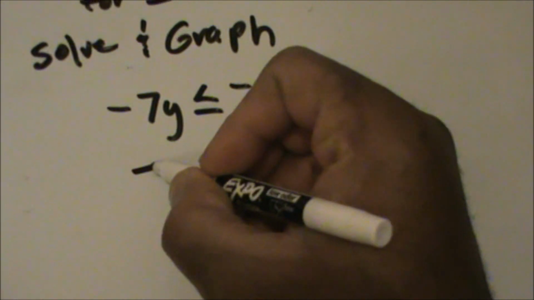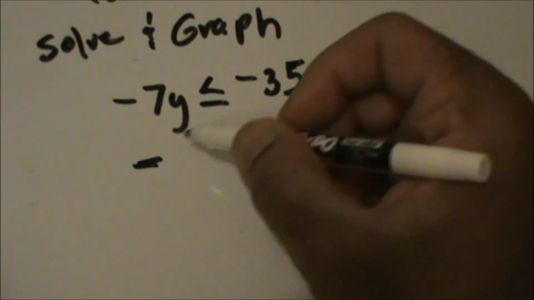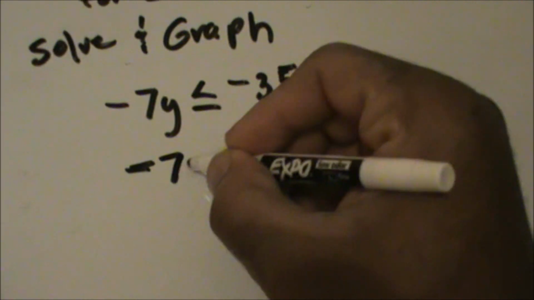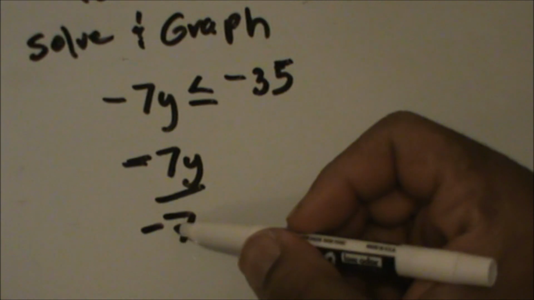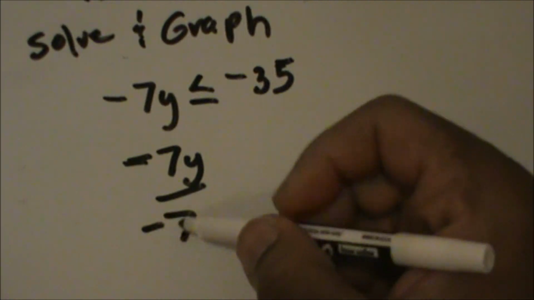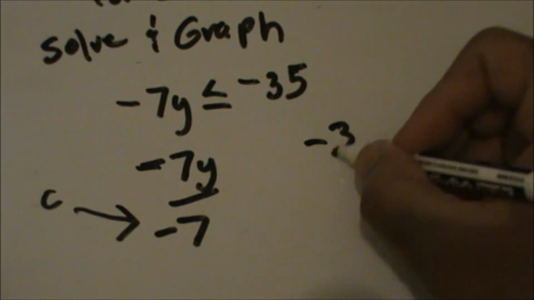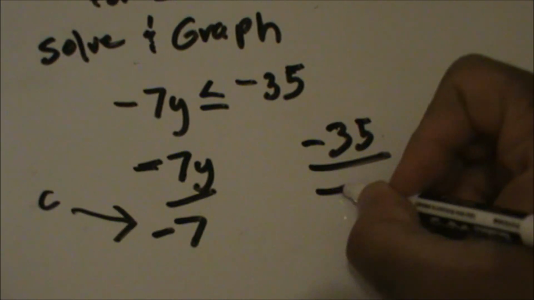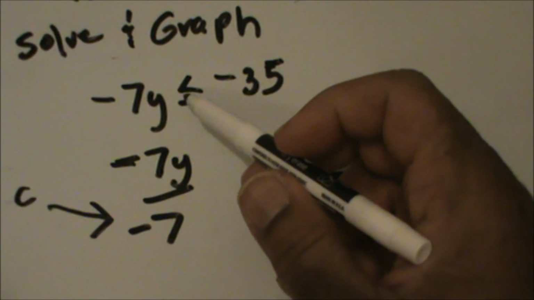In this case, we're going to do it. When we divide, we can see here that the negative value in front of y will be the negative value C. C is a value that is less than 0. I'm going to put negative 7 on both sides, because we know what's going to happen. The inequality sign will change.